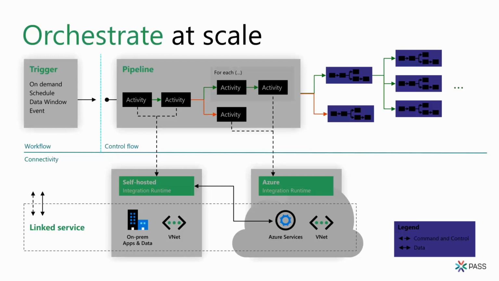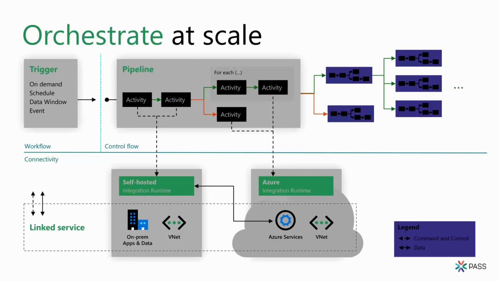So if you're building an SSIS package, for example, the pipeline would represent the control flow, and then the data flow represents one of the activities that might be inside of that.